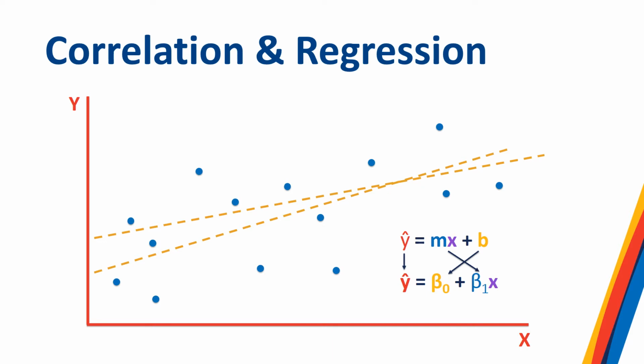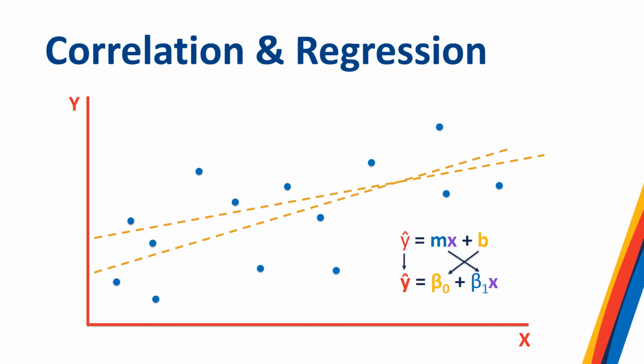For the sake of statistical methods, we simply reorder this. We say that y equals beta 0, which is the intercept, plus beta 1 x. And the effect is beta 1, the effect for each level of x by a linear relationship.